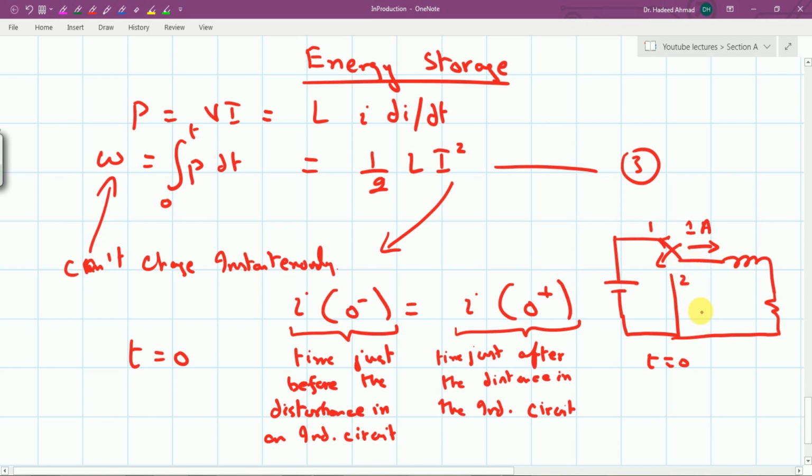Now, prior to this switching at time t equal to 0, the i(0 negative) which was flowing through this inductance was 1 ampere. Right after, instantaneously, when I move this switch from position number 1 to position number 2, the property based on this equation number 3 reveals that i(0 positive) shall also be equal to 1 ampere, because that is the property of an inductor.